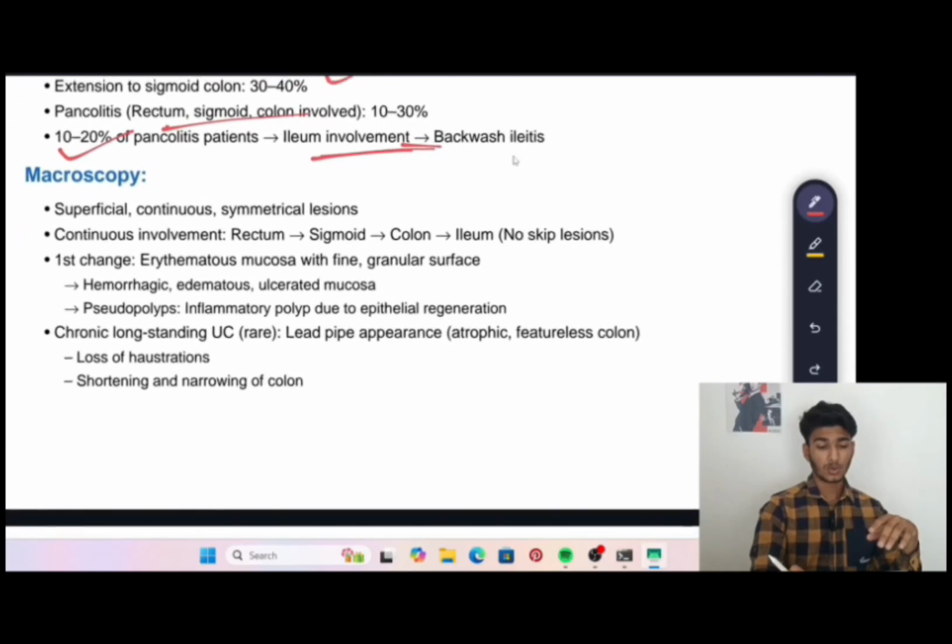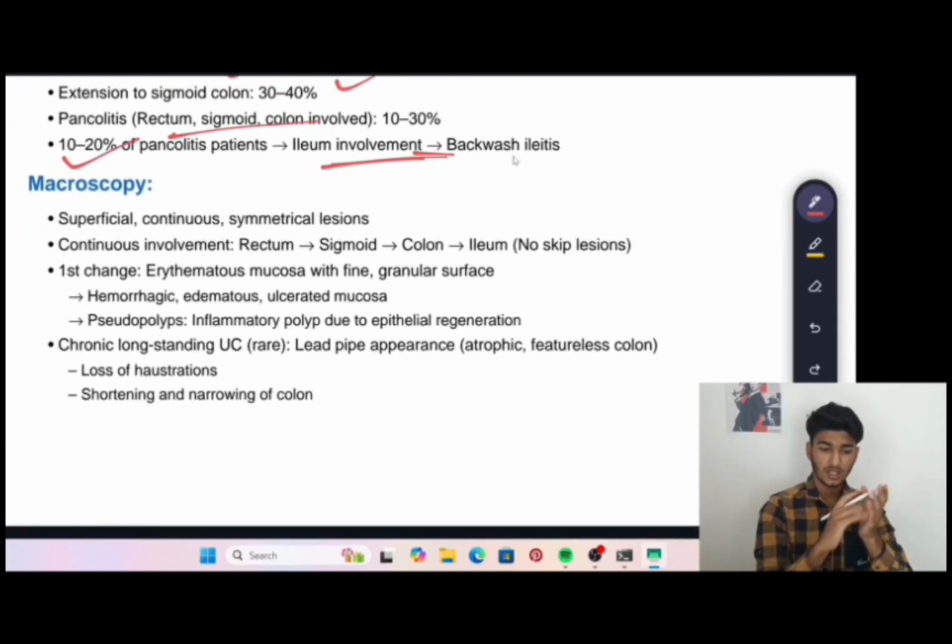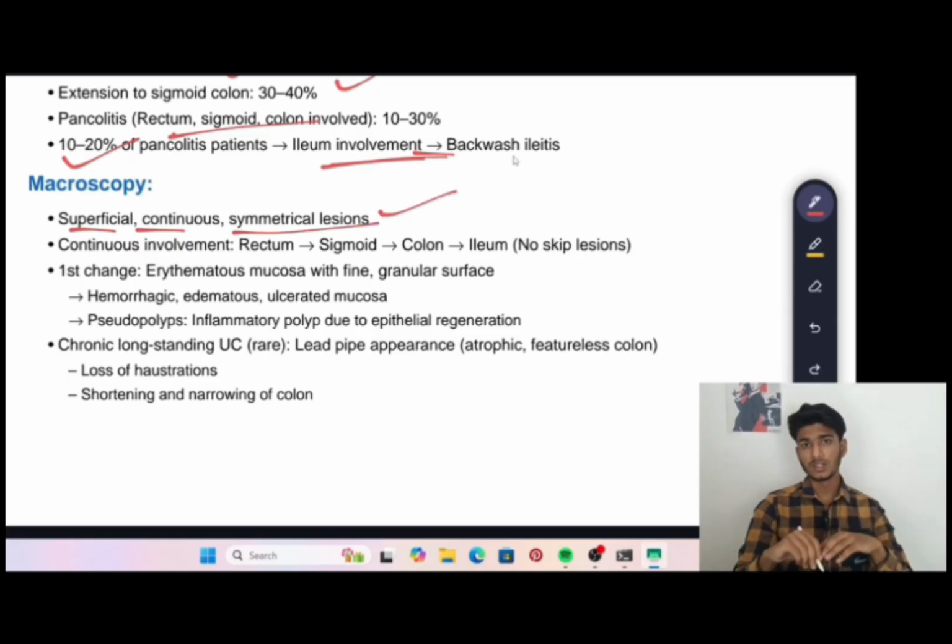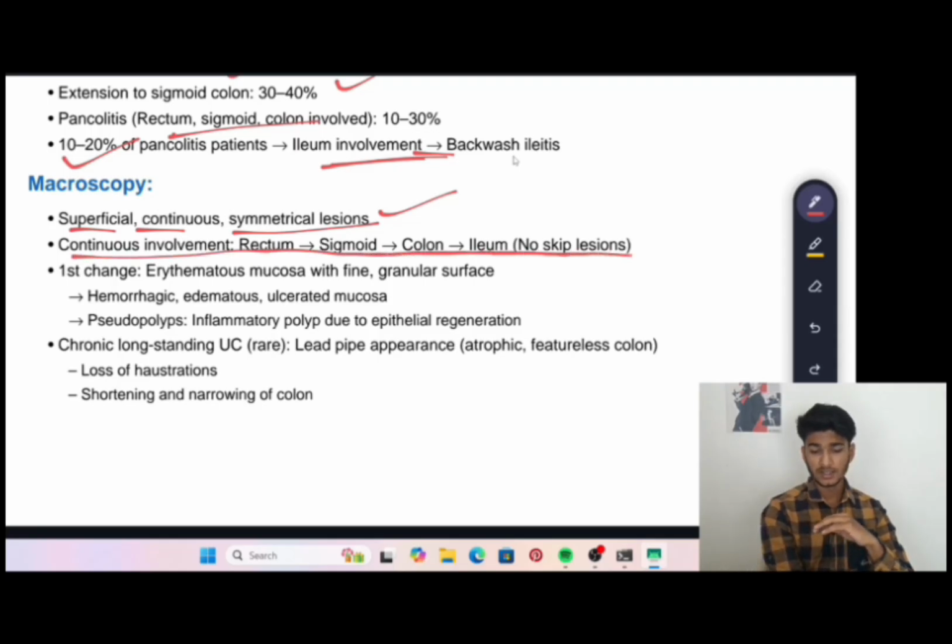We will see the macroscopic features. What are the macroscopic features here? There will be superficial, continuous, symmetrical lesions present. I told you lesions are present because there is no autophagy. Autophagy is lost here as well. So continuous involvement of rectum, sigmoid colon, and ileum. No skip lesions. You will basically see lesions all over the part.